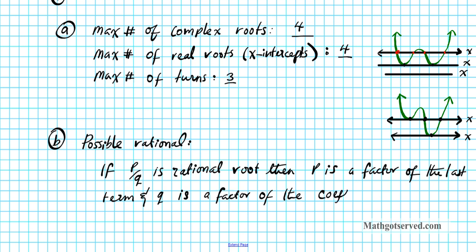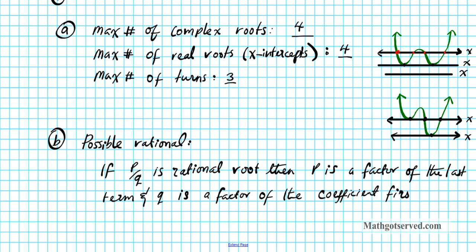Okay, the last term is a constant, and the coefficient of the first term is what we'll look at when determining if Q is a factor of the first term. All right, so there goes the rational roots theorem.